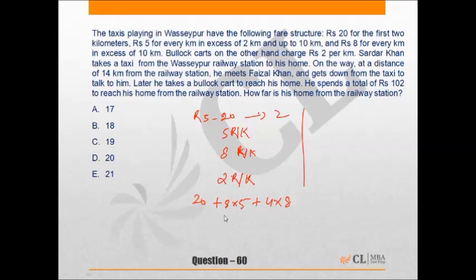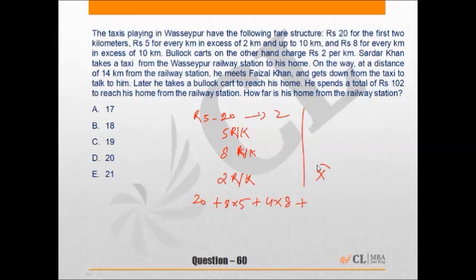So the total fare through taxi is 20 plus 8 into 5 plus 4 into 8, and he paid the rest of the amount to the bullock cart.